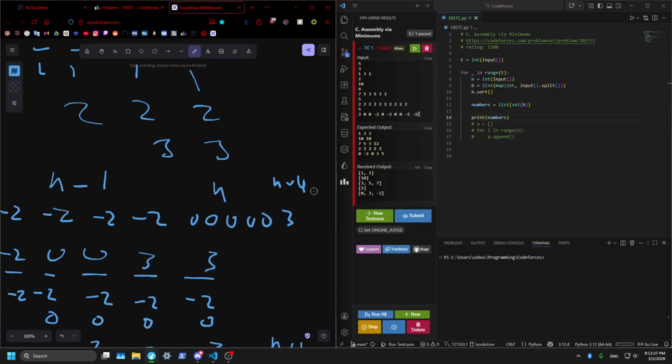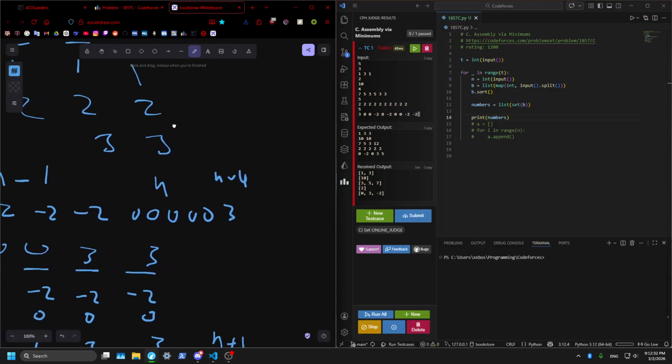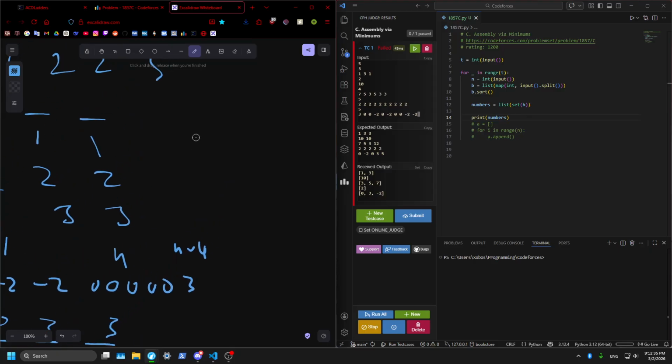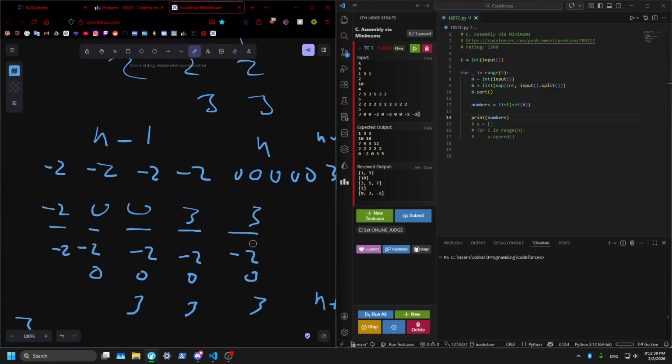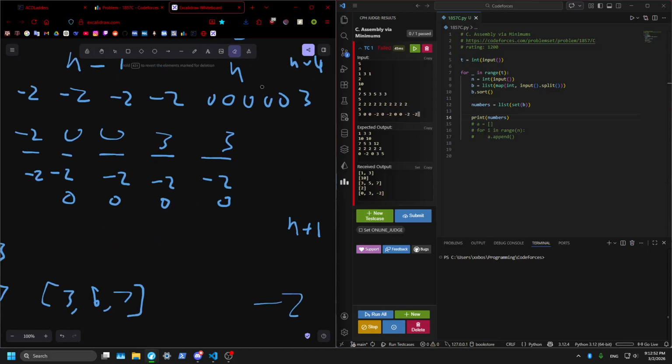Let me think. For this case, it's all -2 and then 0, 0, 0, 0, 0, 0, 0, 0, 0, 0, 0, 0, 0, 0, 0, and 3, 3, 3.